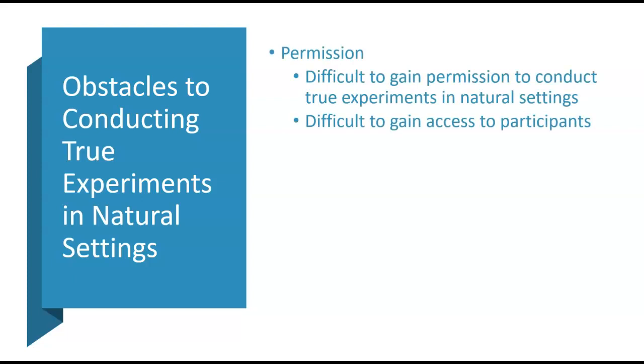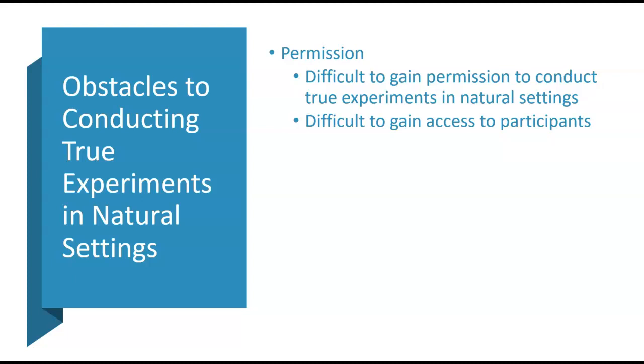So one barrier to doing true experiments with all of the hallmarks of a true experiment is getting people to be willing to participate and getting permission from organizations to do the research at all.